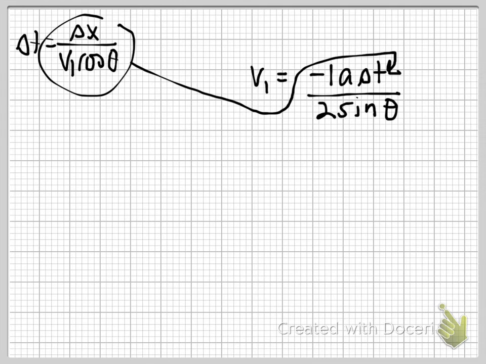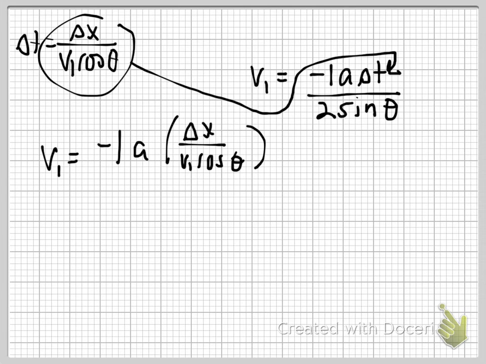Don't be afraid. vi equals negative 1 a delta x over, let's see, where did I stick that in? There we go. Over vi cosine theta over 2 sine theta.